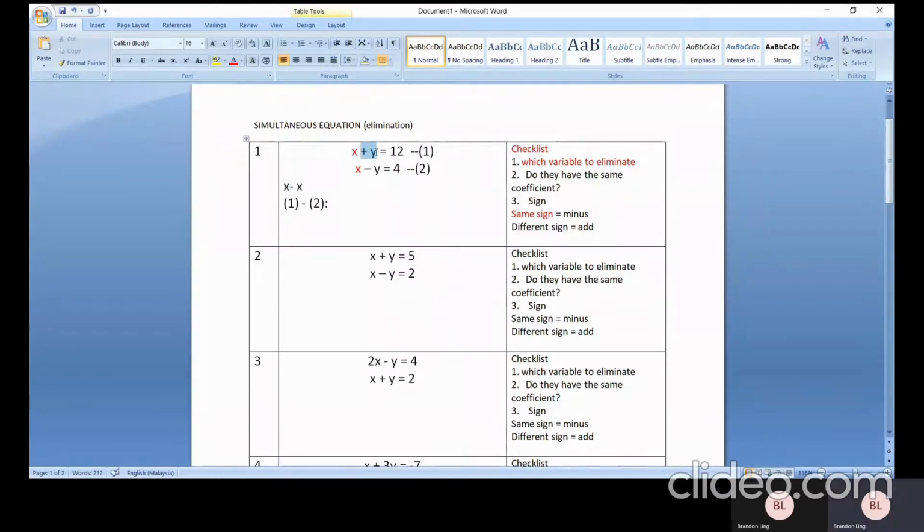Next, we see plus y and minus y. So when you have equation 1, which is plus y, minus, okay, so this minus, I'll highlight it in yellow. So y minus y. So on top of here, you have 12 minus 4.